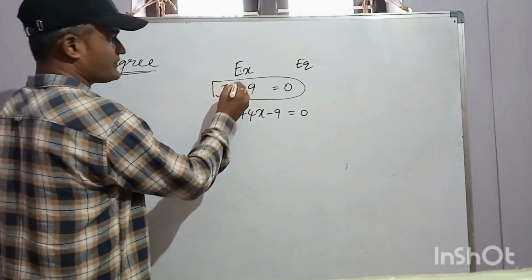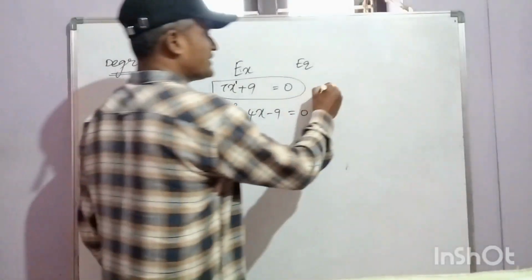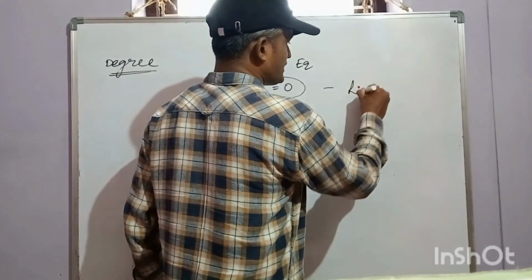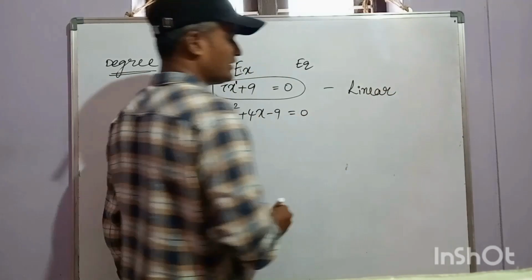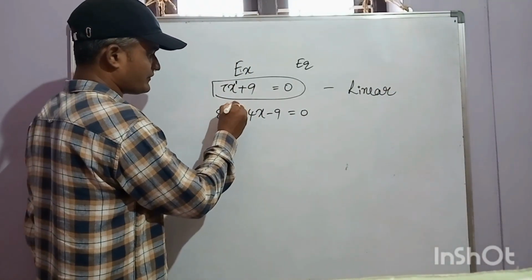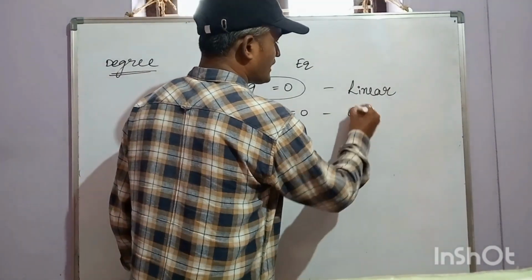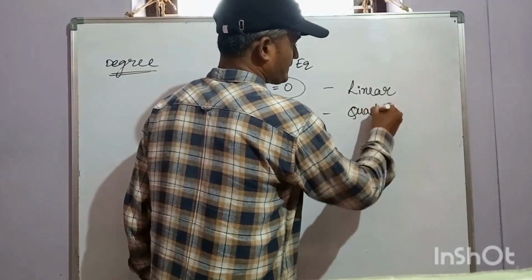Here the power of the variable is nothing, which means 1, so this is called a linear polynomial. And here the power of the variable is 2, so this is called a quadratic polynomial.